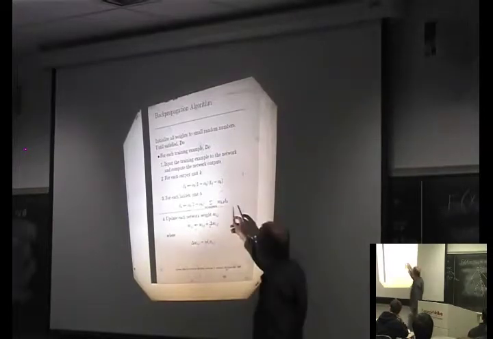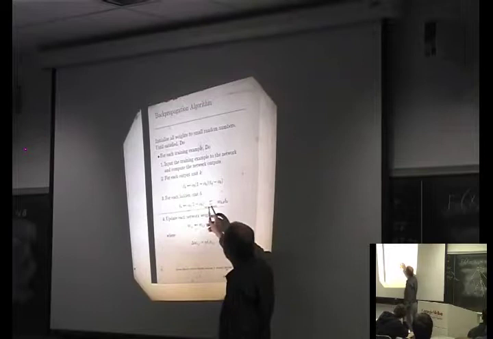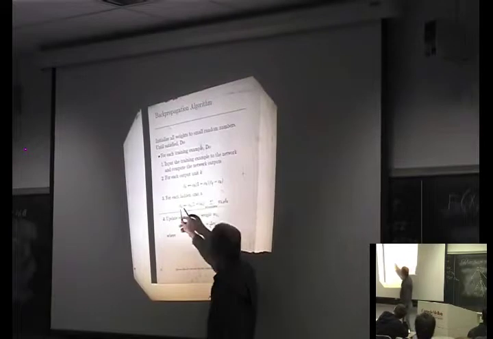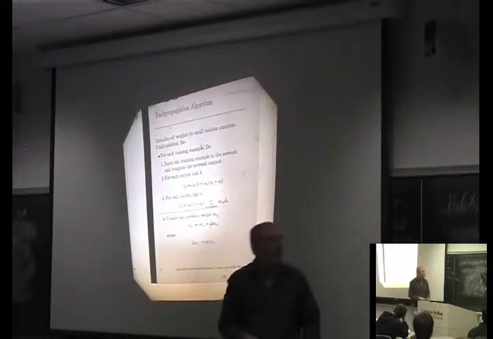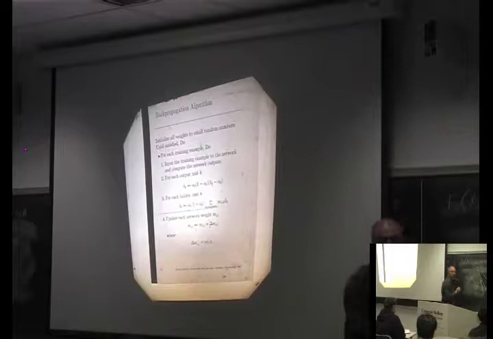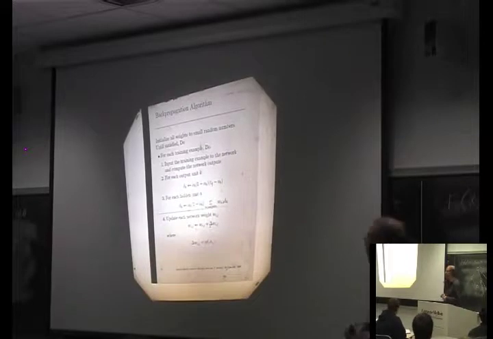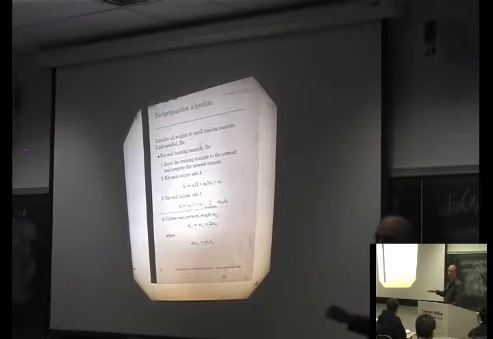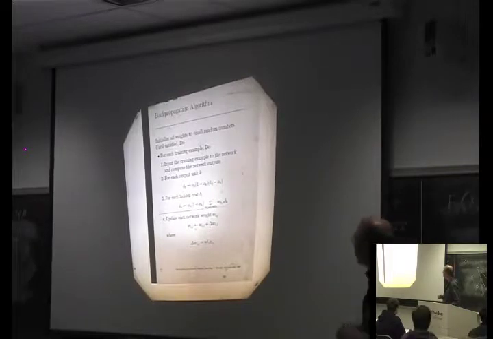The summation here is over all units to which this unit is connected. So if you're here and you're calculating the error signal for this unit, you sum over this and this. You keep doing that all the way down till you get to all the units except the input units.